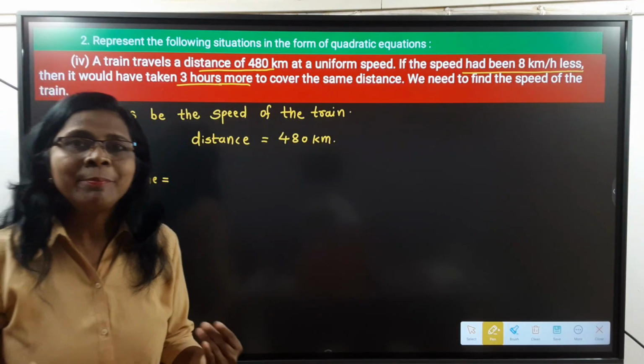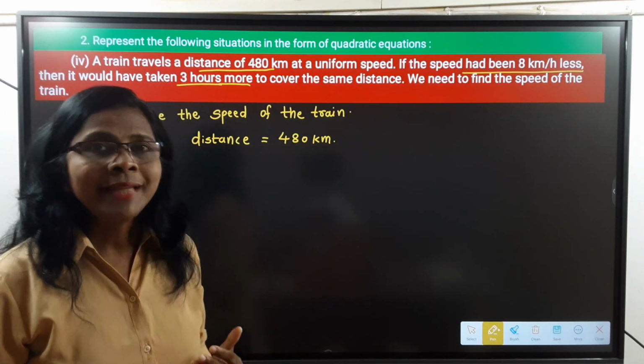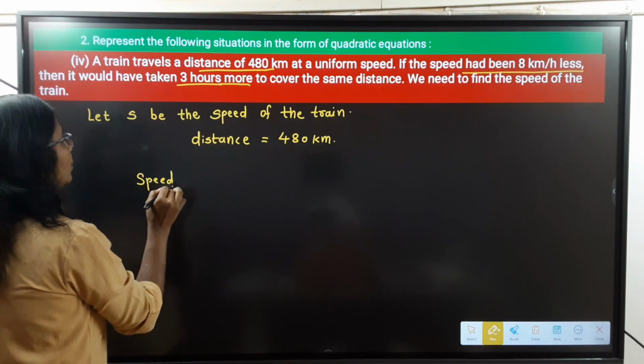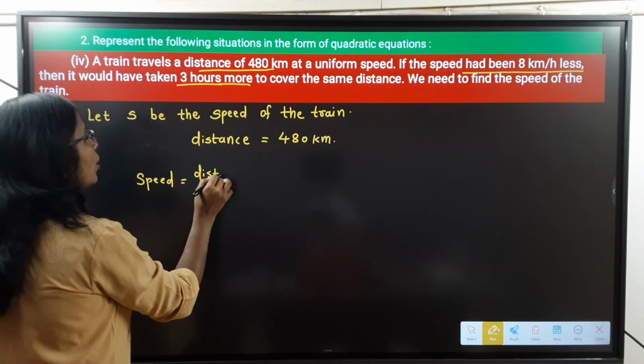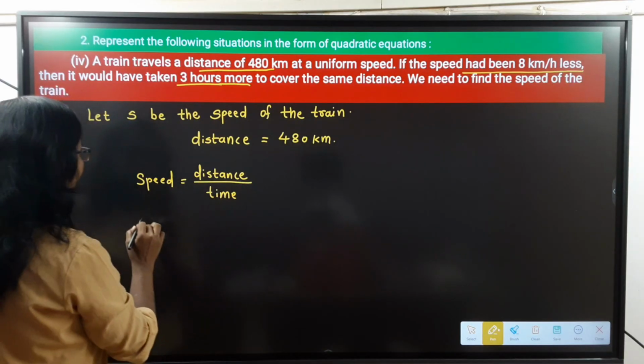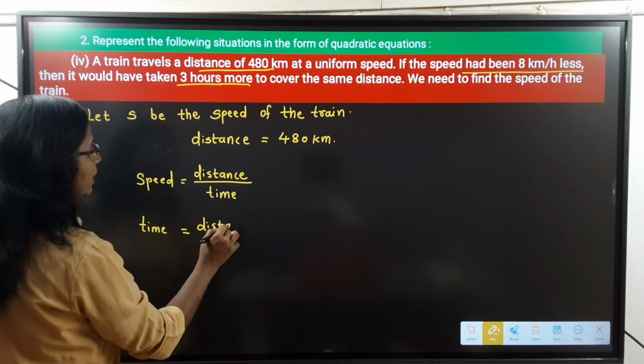We know that speed is equal to distance upon time, and that means we have to find out the time. Then we can say that time is equal to distance upon speed.